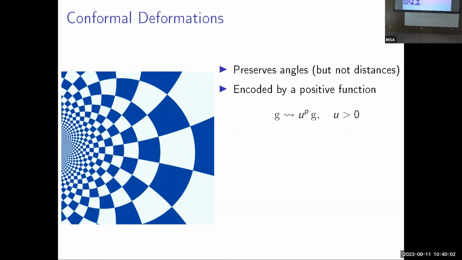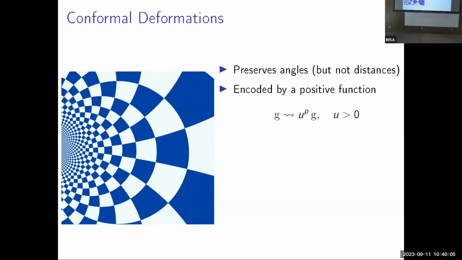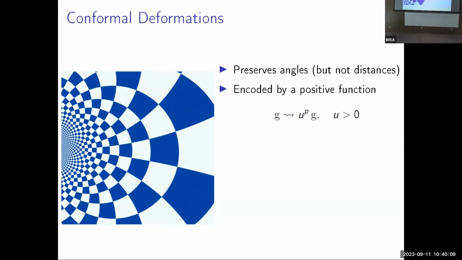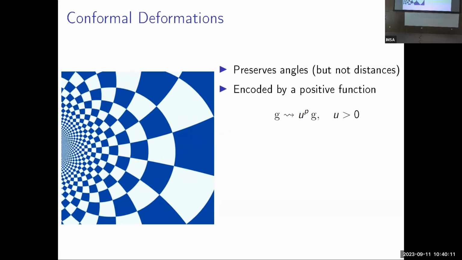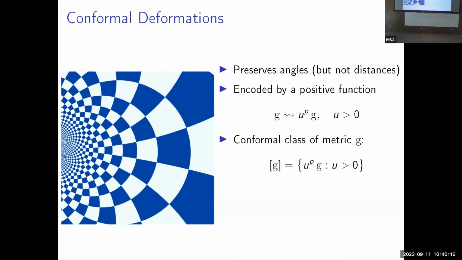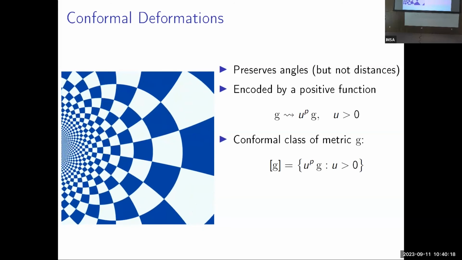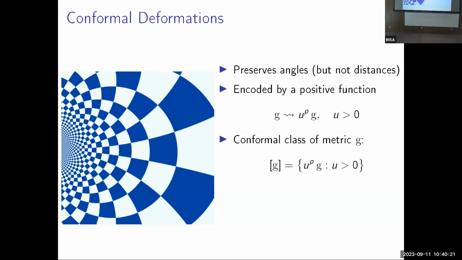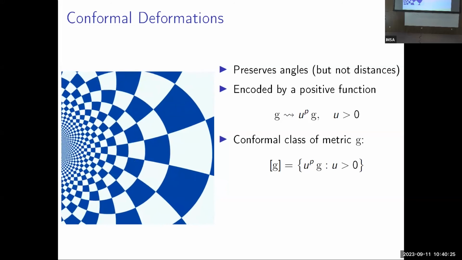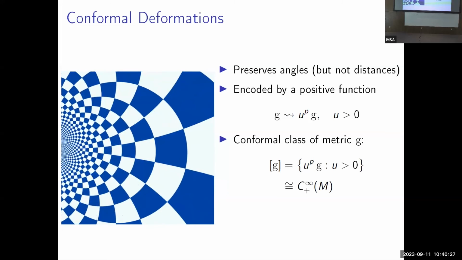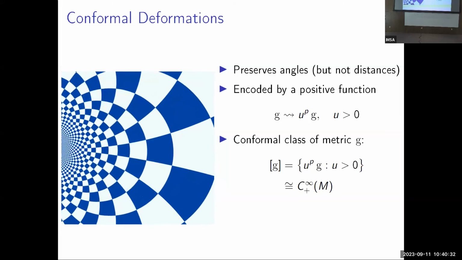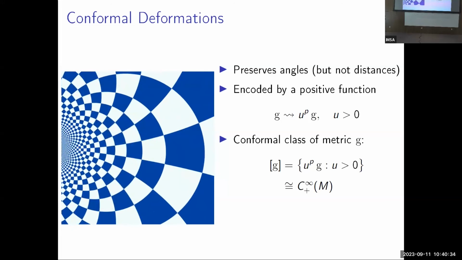Mathematically, this means that your metric is multiplied by some positive function u, raised to some power, which will make some equation easier. So the conformal class of a metric is just the set of all metrics obtained by multiplying your g with some positive function u raised to some power p. This is just a set of positive functions.